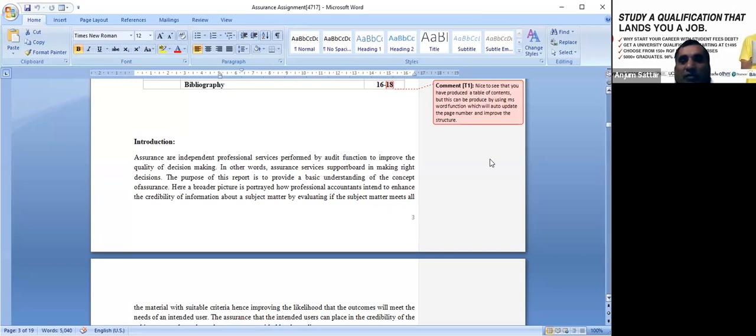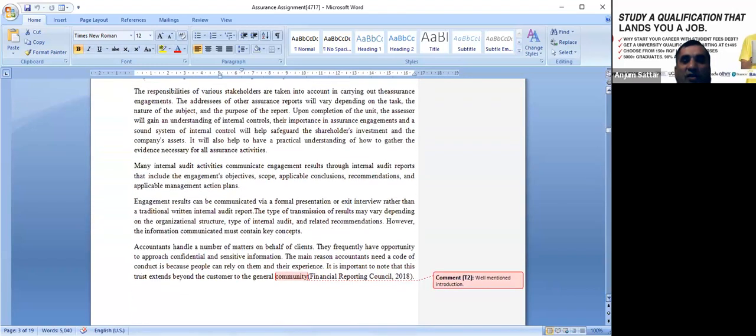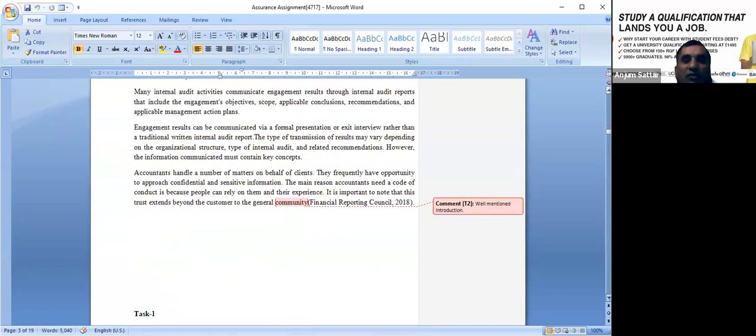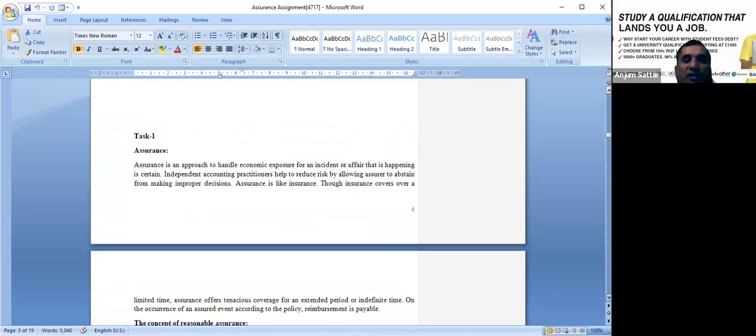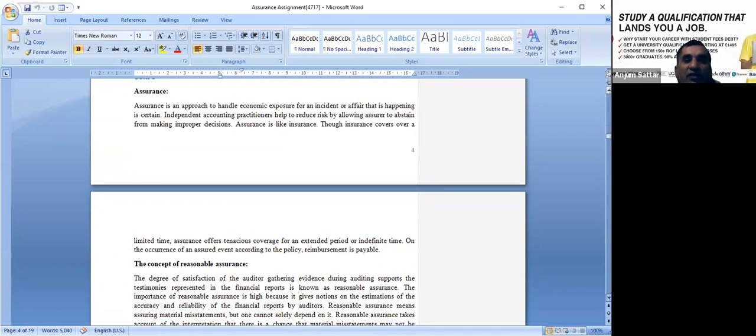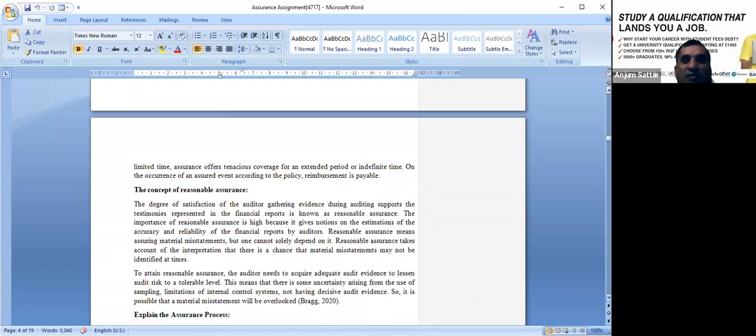Any question here? If you have, you can write it, or you can find it from any book or journal article, the abstract of a journal that gives you good wording. So I'll share it with you. So please, you can write what is assurance. Assurance is an approach to handle economic exposures, like explaining the concept of assurance and reasonable assurance.